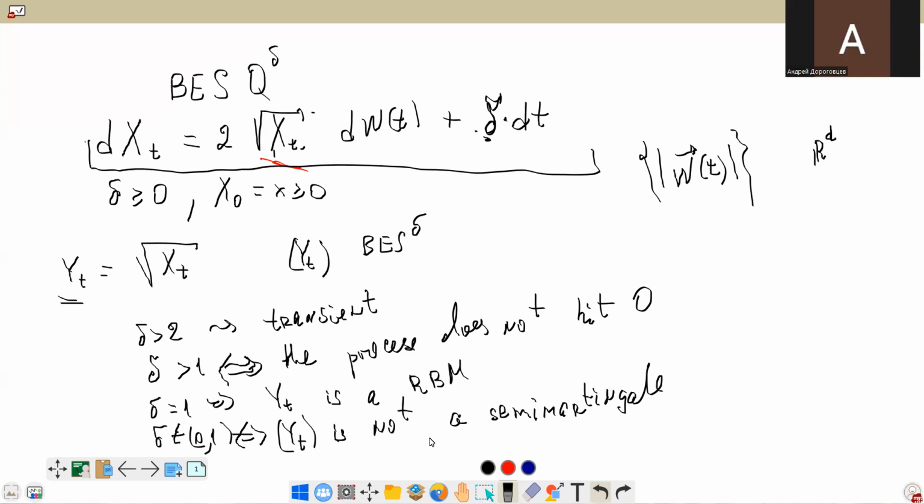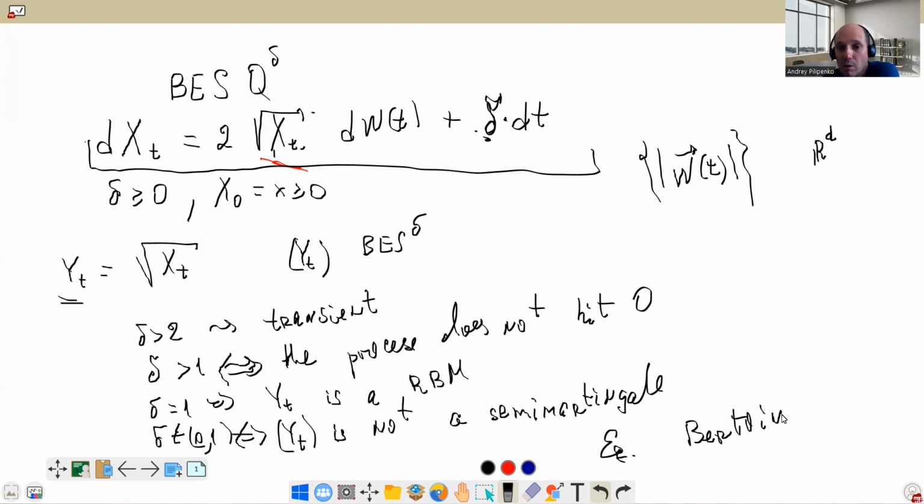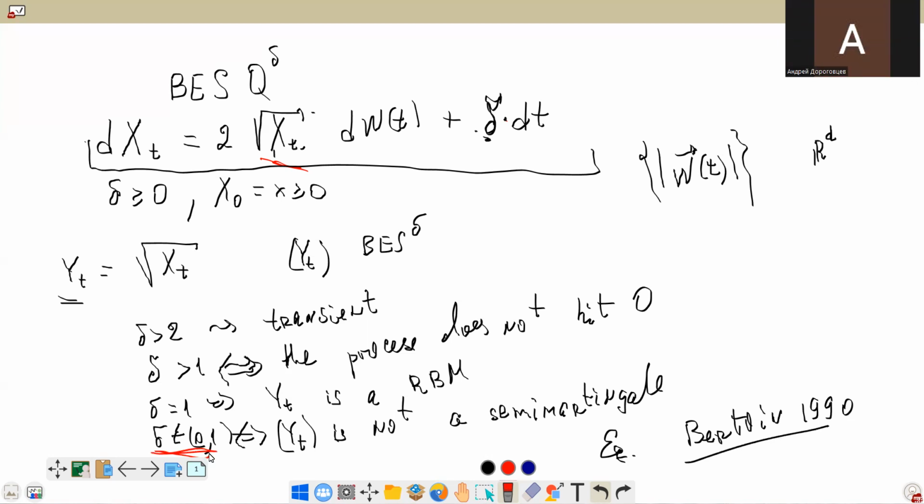Actually, the equation was written by Bertoin in 19... So the equation for y was given by Bertoin for arbitrary delta. In this case, this is a nontrivial problem. For delta greater than 1, this is obvious.